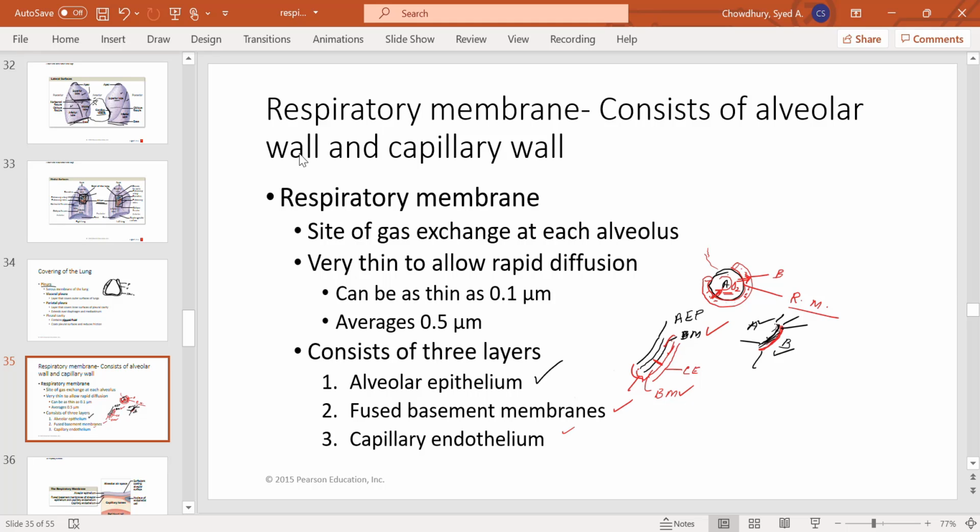So fused basement membrane and capillary endothelium. So we can say it has three layers, if you see from the alveolar side: alveolar epithelium, fused basement membrane, and the capillary endothelium. Okay, and through these layers, the gas must be able to pass through for gas exchange.